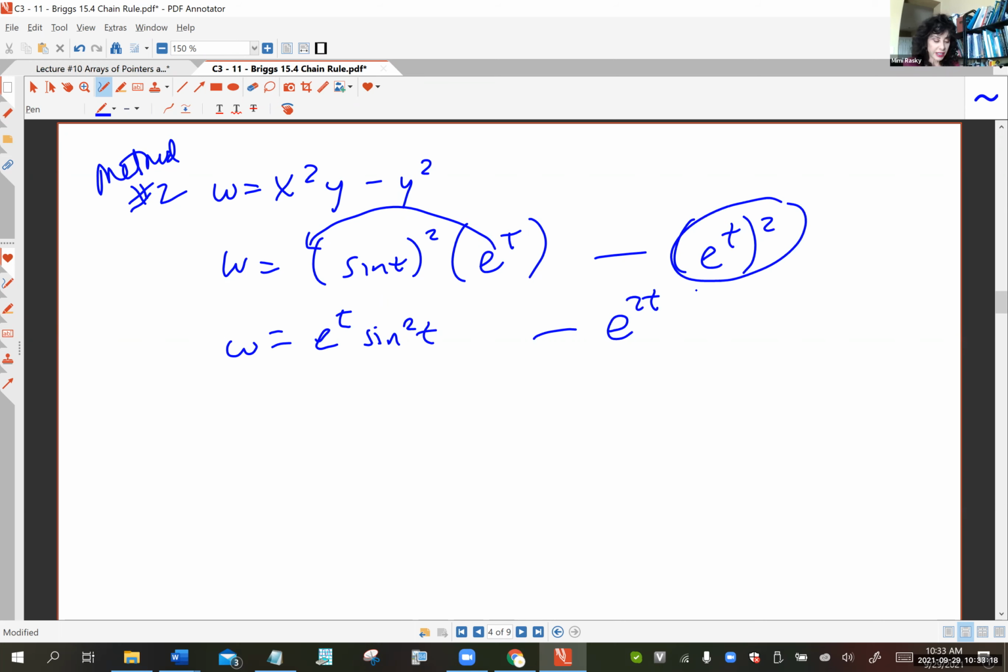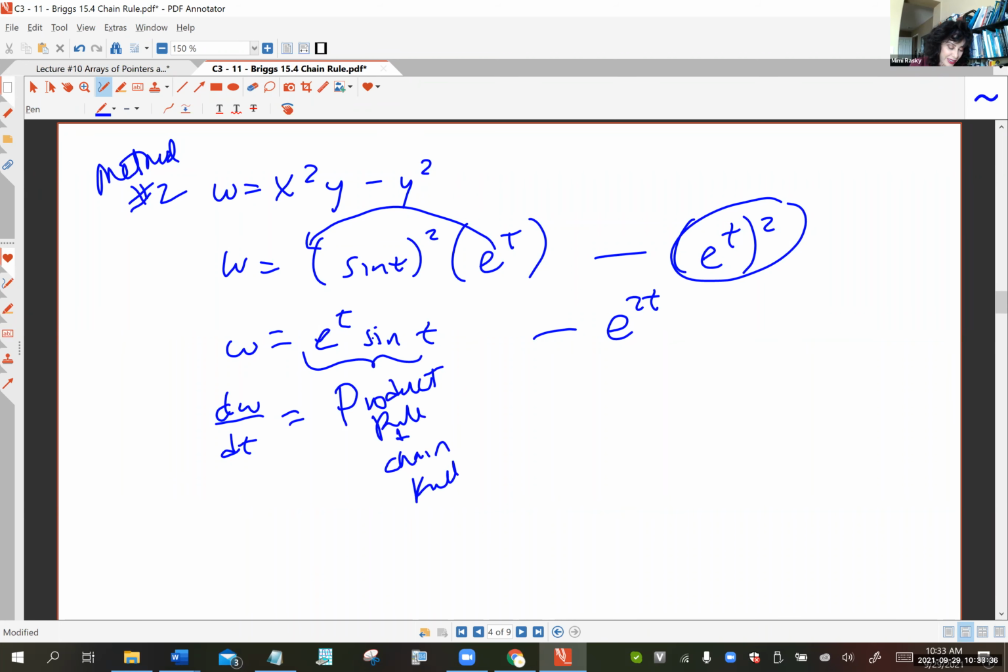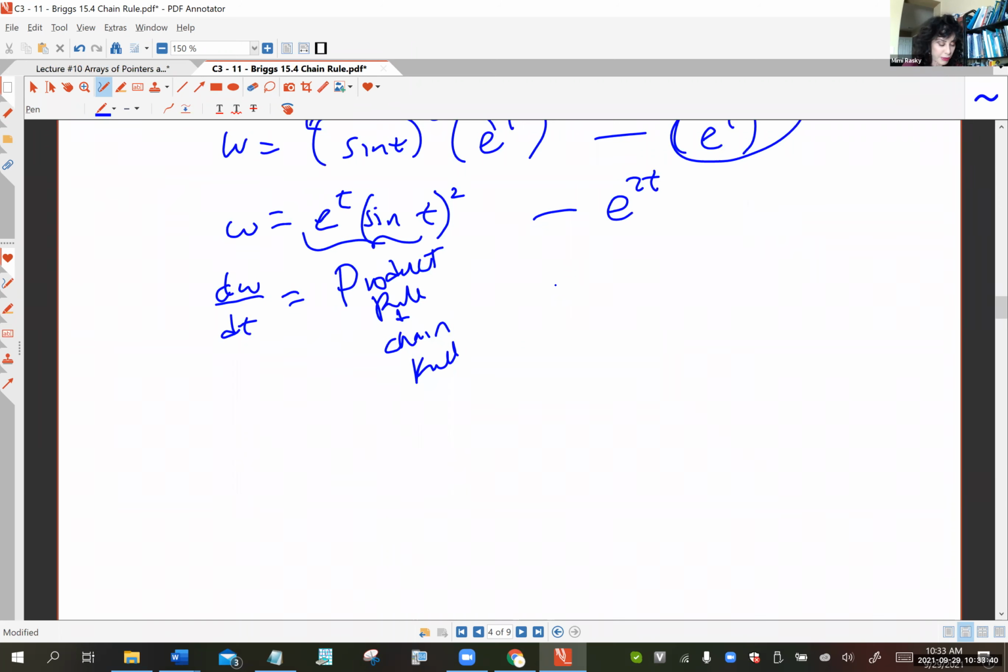So now let's take the derivative of this, dw dt, just using your Calc 1 knowledge. I hope that you can see that this first term is going to require the product rule and the chain rule at the same time. What do you mean? Because of this sine squared, I'm going to rewrite it as sine t squared because it'll be easier for me to get my mind around. So your dw dt is going to be, first take the derivative of the first factor.